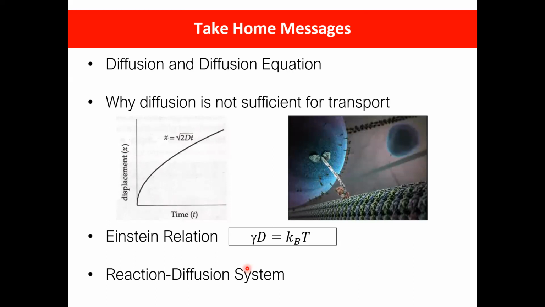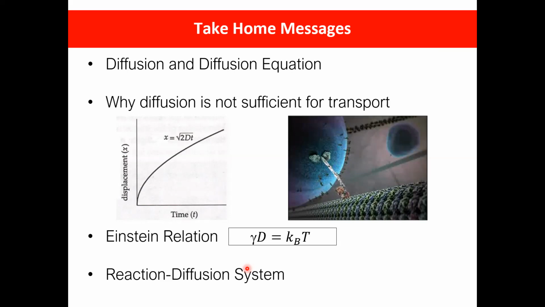After that, I talked about the contribution of Einstein to the field of Brownian motion, and I told you about the Einstein relation, which was gamma D is equal to kBT, which tells you that at thermal equilibrium the product of drag constant and diffusion constant is a constant quantity. If one of them decreases, the other one has to increase.